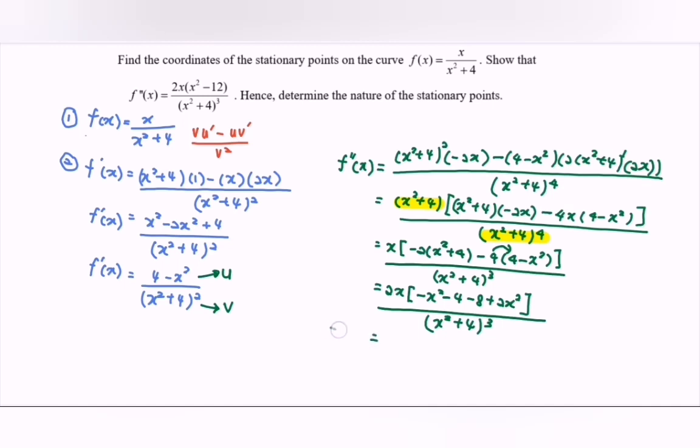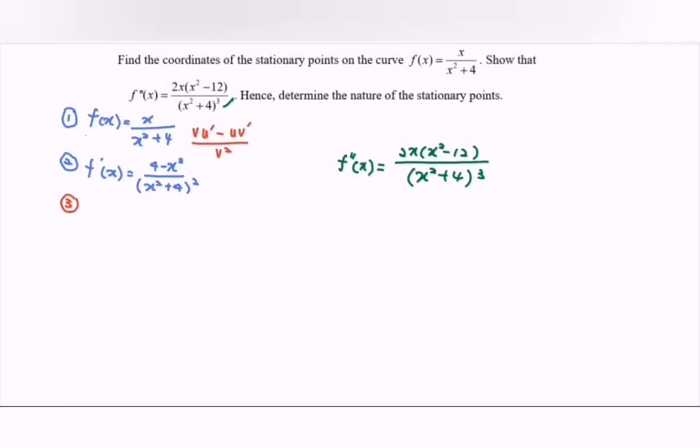So finally, we have the second derivative. We have 2x multiply with, notice that we have (x squared minus 12) over (x squared plus 4) bracket power 3. So kindly refer to the situation, and we already show that the second derivative is given in this situation. Hence, determine the nature of the stationary point.